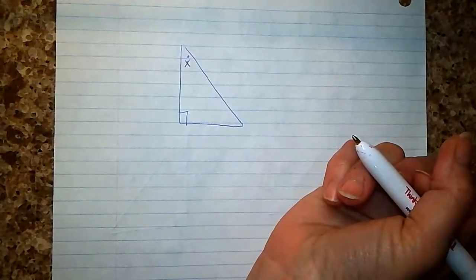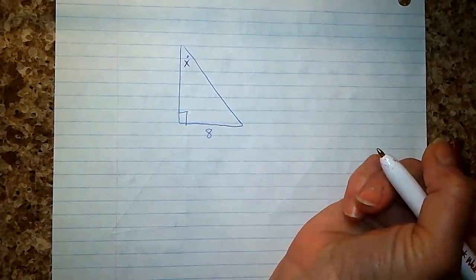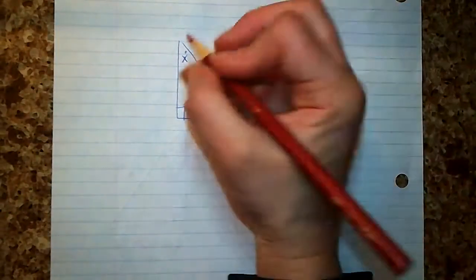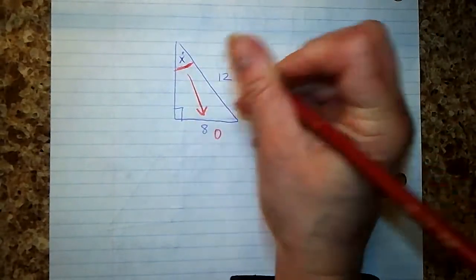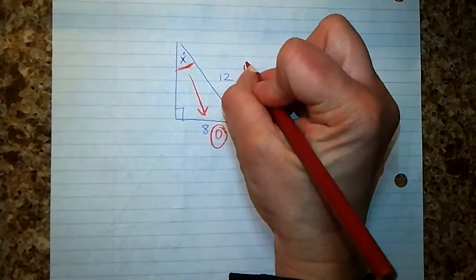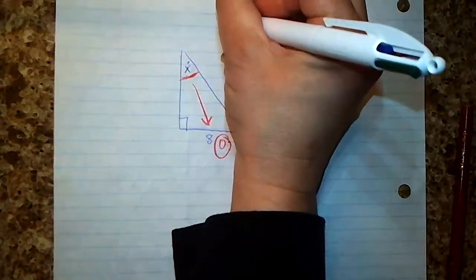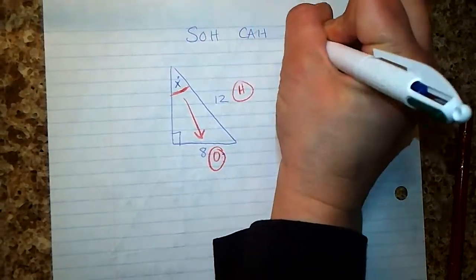From that angle, I have an 8 on this side and a 12 on the hypotenuse. So again, focus on the angle you're given. From that angle, I have an opposite and a hypotenuse. So remember which trig function you would use. You go back to your SOHCAHTOA and remember which one you're going to use.